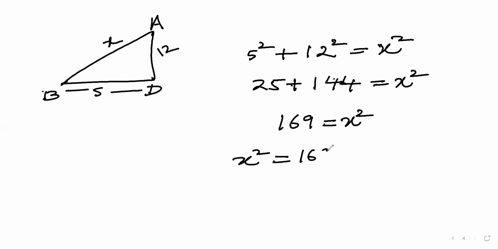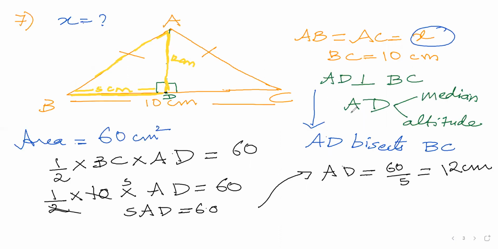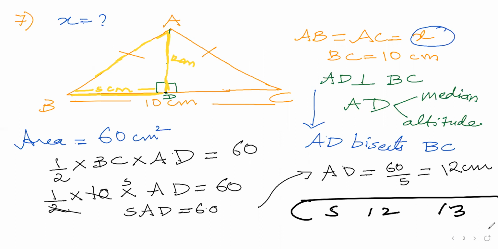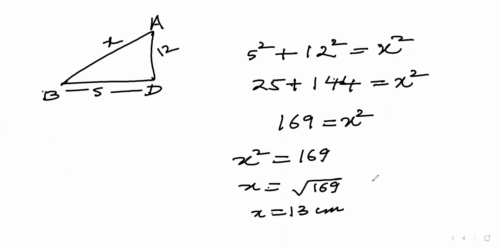I'm just writing it the other way around because we are so used to this convention. So x is equal to the square root of 169, which is 13 centimeters. Don't forget the units. Even if I use my base triplet 5, 12, 13, I should be getting this same value also.